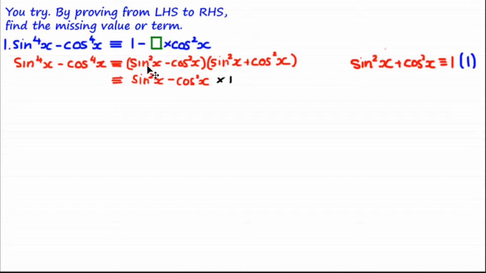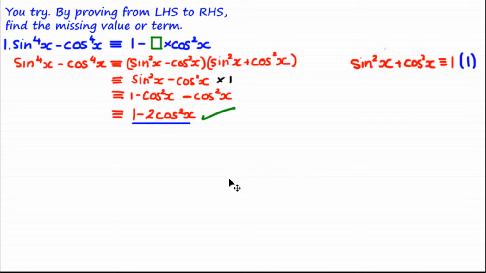So we need to find a way of eliminating sine squared x, okay? And we can do that using equation 1. So sine squared x, as we know, is equivalent to 1 minus cos squared x. So substituting that in and evaluating this expression, we get 1 minus 2 cos squared x, okay? So 2 was the value I was actually looking for.